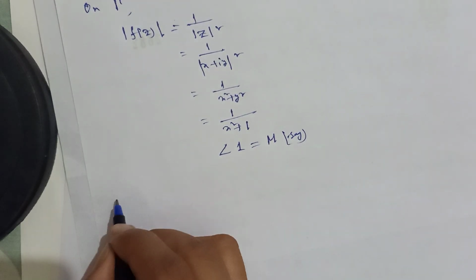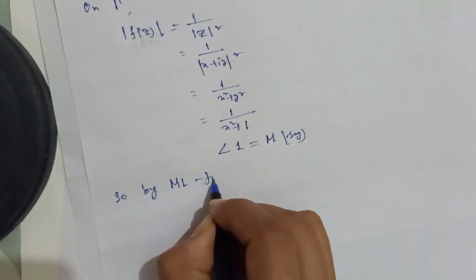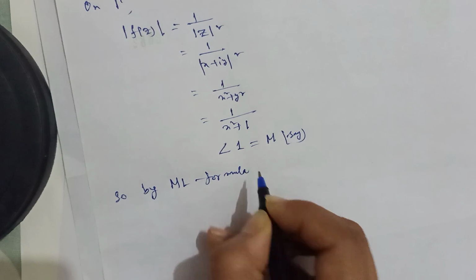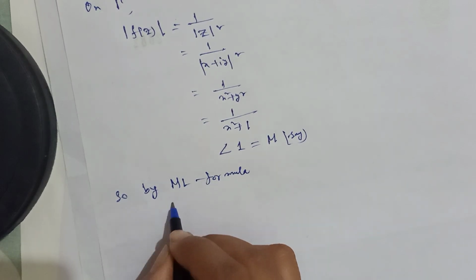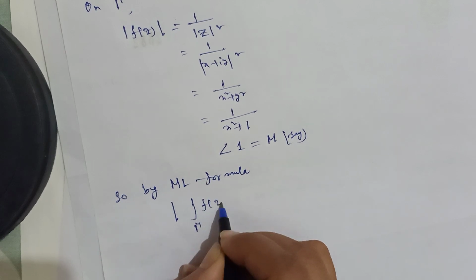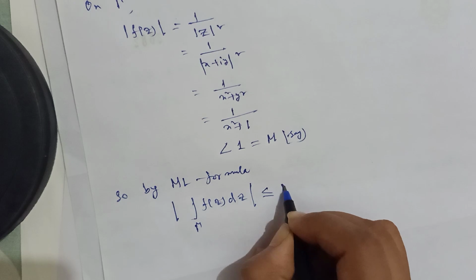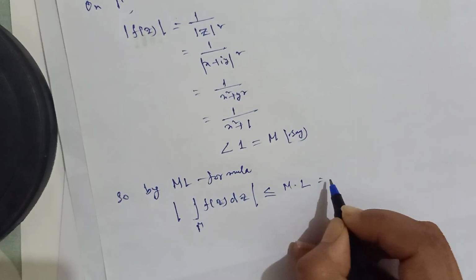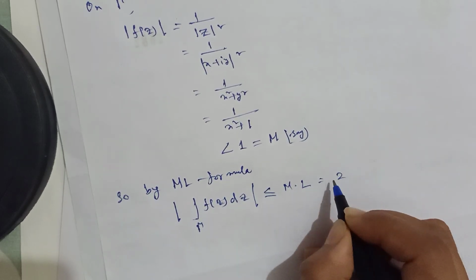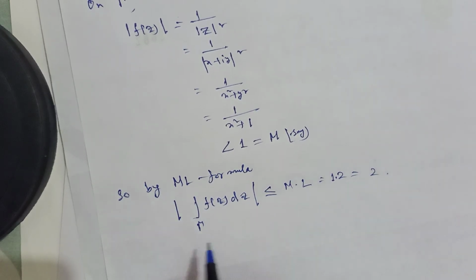So by the ML formula, mod of the integration over gamma of f(z) dz is less than or equal to M into L, that is equal to 1 into 2 equals 2.